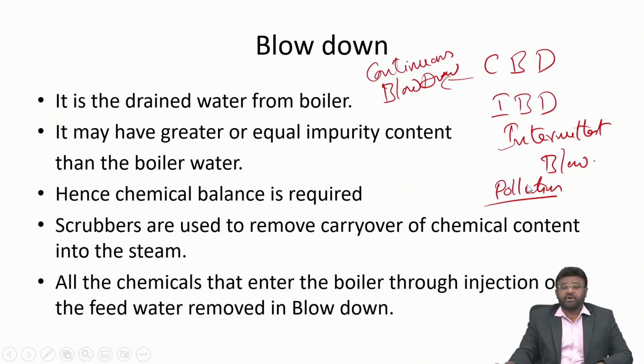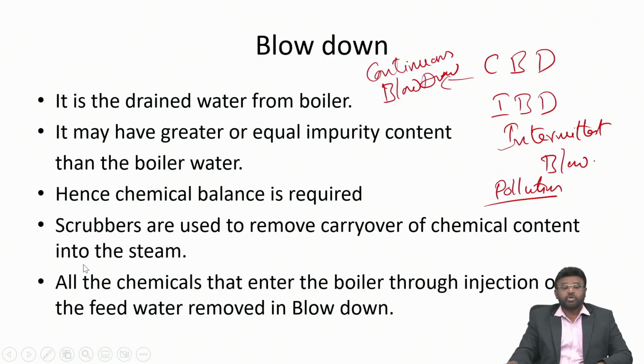This polluted water, to reuse it, we need to treat, or even if it is sent to the atmosphere or to the rivers as drain, because all the fishes and other aquaculture live in the rivers. If we send the drain water from these boilers or thermal power plants, the life of that aquaculture may be reduced. Therefore, to not cause any harm to the aquaculture, we need to treat it.